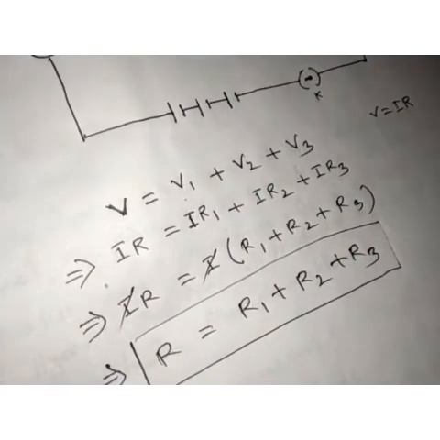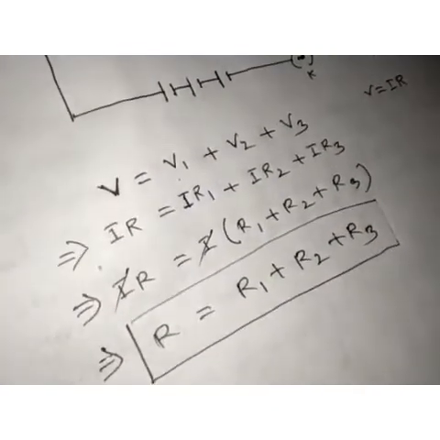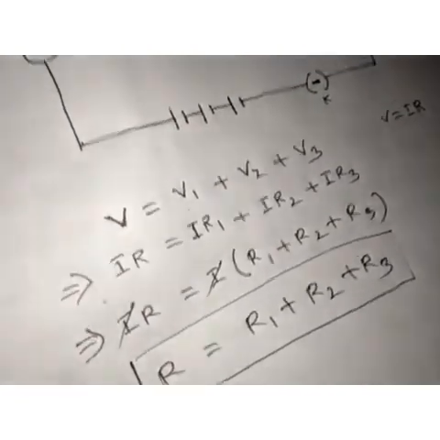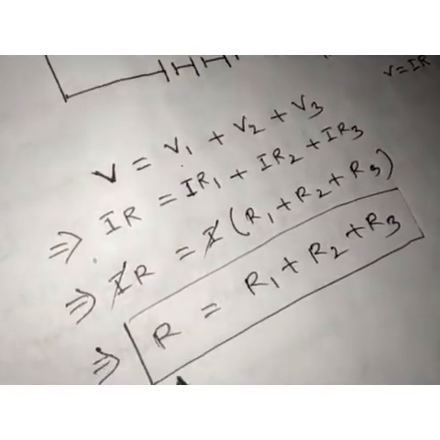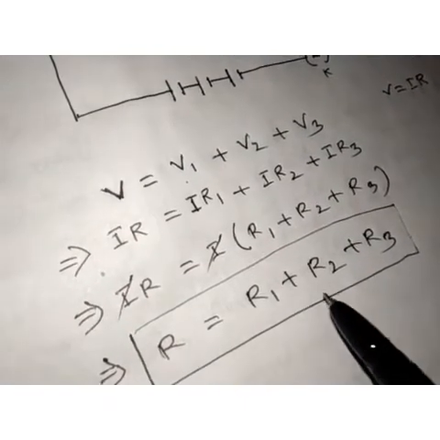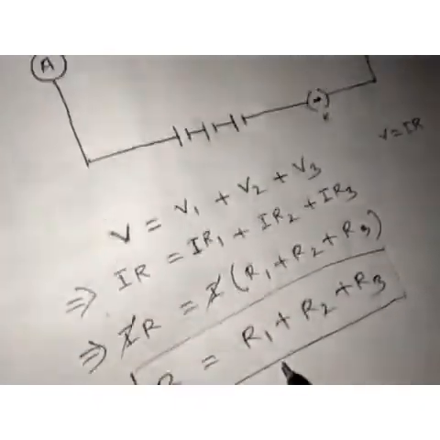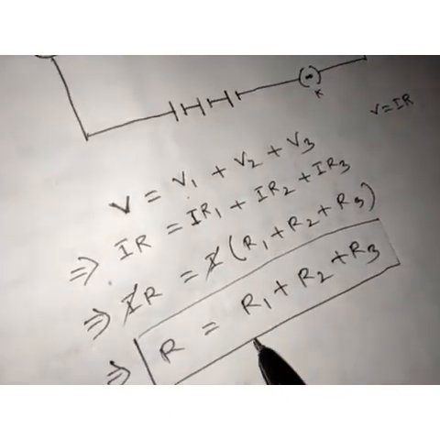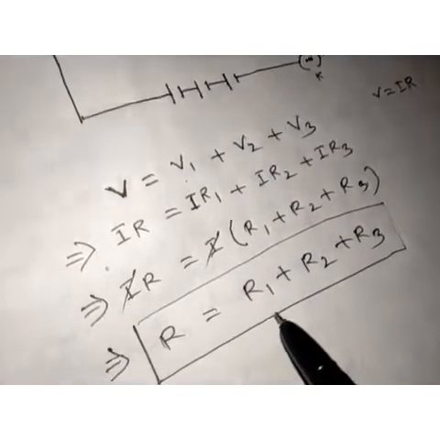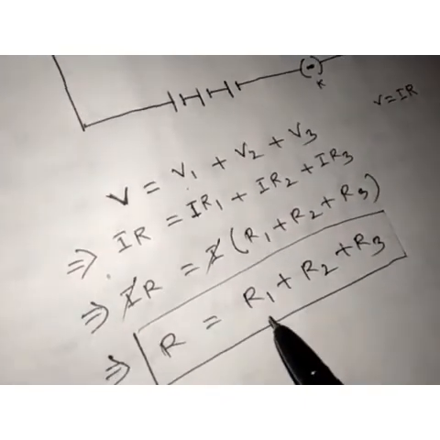Okay, if the resistors are connected in series, then how will we get the equivalent resistance? The sum of all resistors. That means equivalent resistance equals the sum of all the resistances.